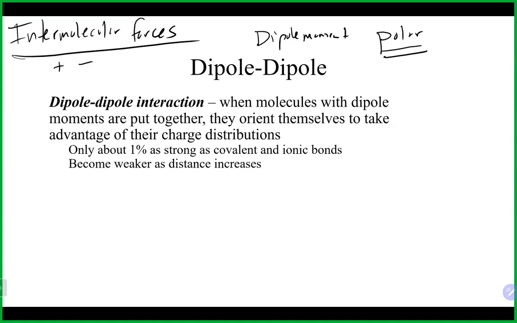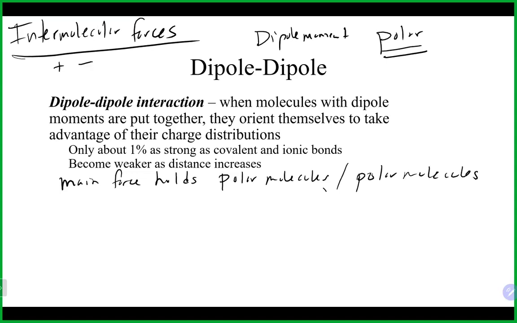So basically, dipole-dipole interaction is the main force that holds polar molecules together with other polar molecules. And these are molecules that typically do not hydrogen bond, and we'll talk about what that is in just a second.